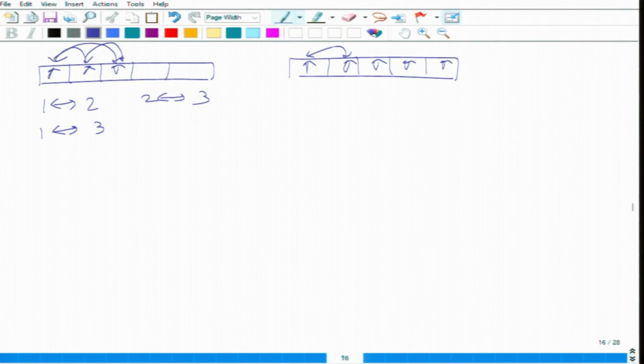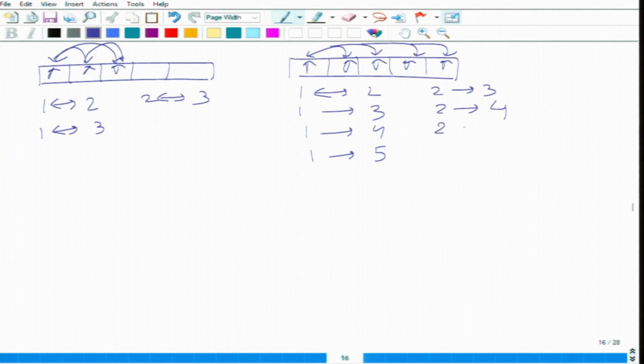One can exchange with 2, 3, 4, 5. The second electron can exchange with 3, 4, 5.